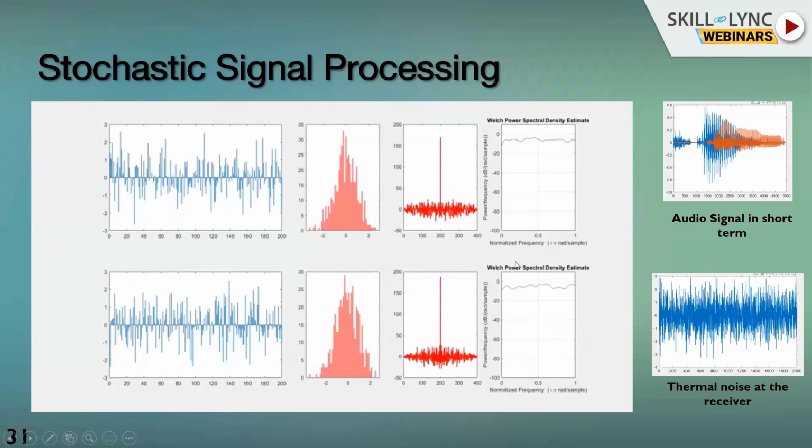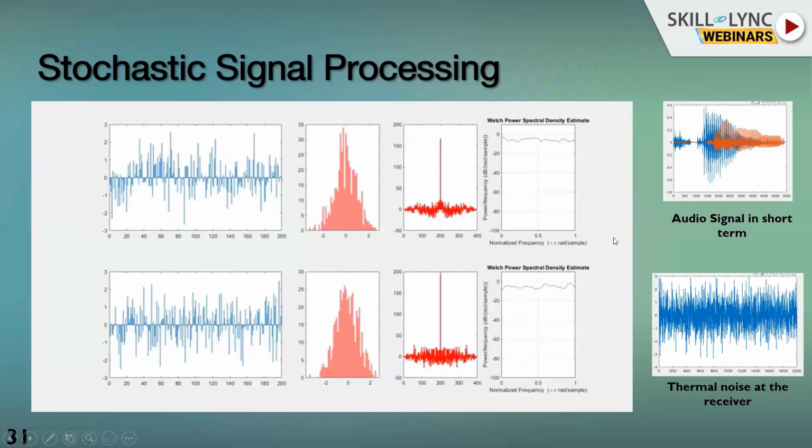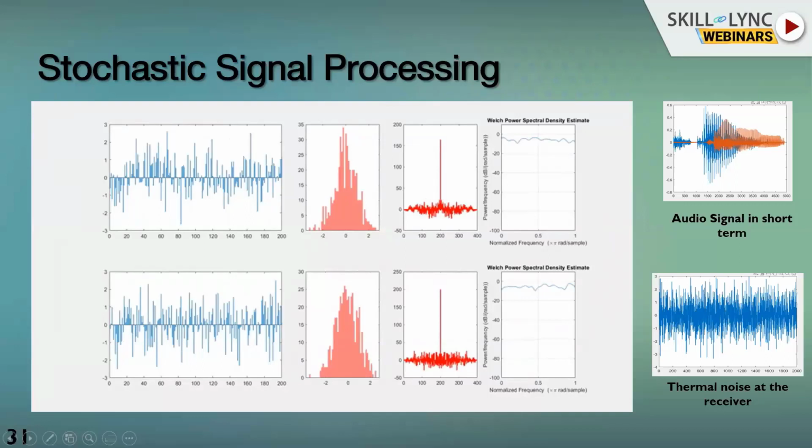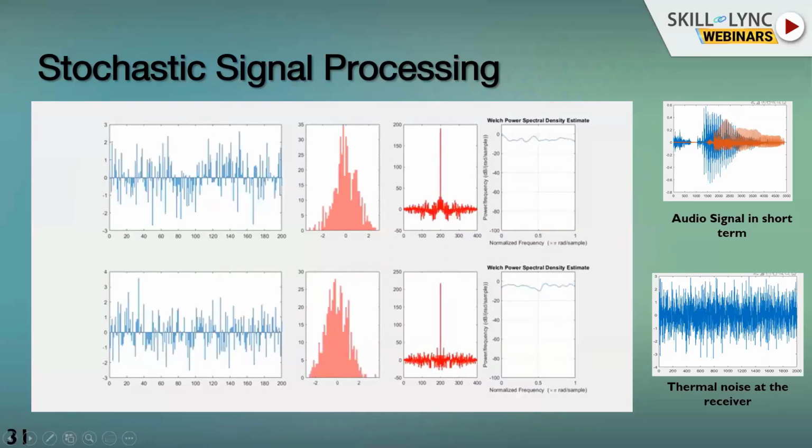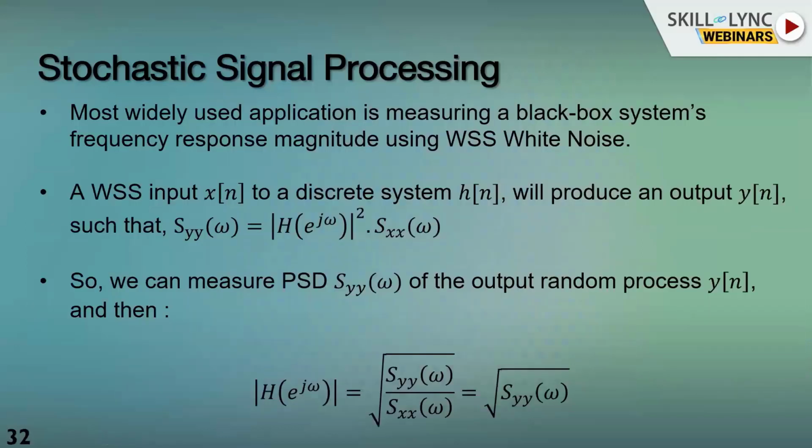So these are very practical examples, and these find applications in practical life. Then there is a very wide application of measuring a black box system's frequency response. Suppose we have designed a DSP system, but we have to know the actual response of the system, whether it is matching with what we designed or not.